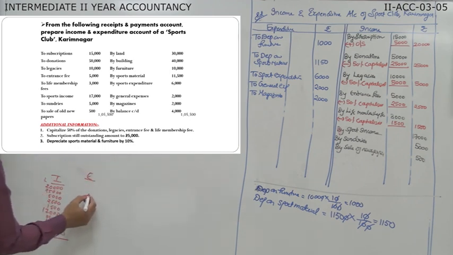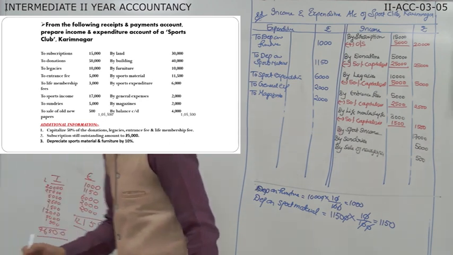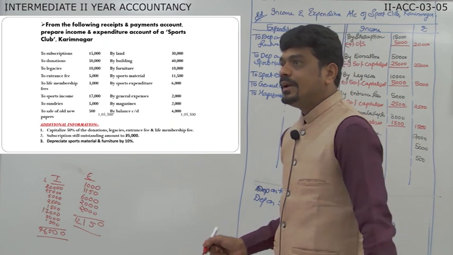Then expenditure. Let us see expenditure: 1,000, 1,150, 6,000, 2,000 and 2,000. 0, 5, 1, 10, 11, 12. So income is more, expenditure is less. So again we'll do income minus expenditure.